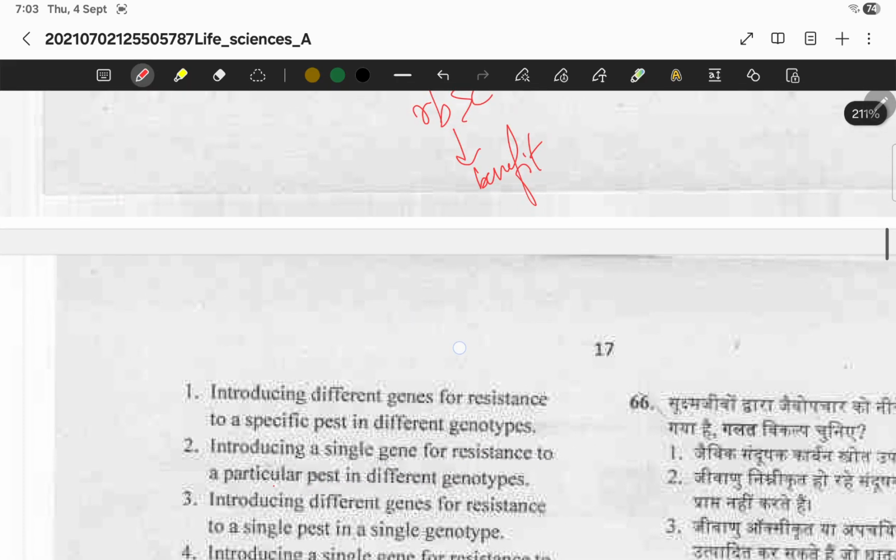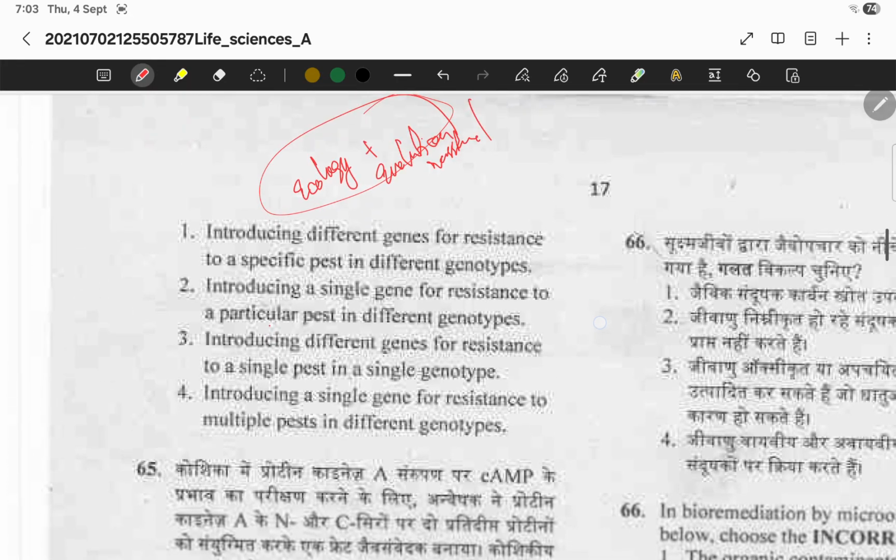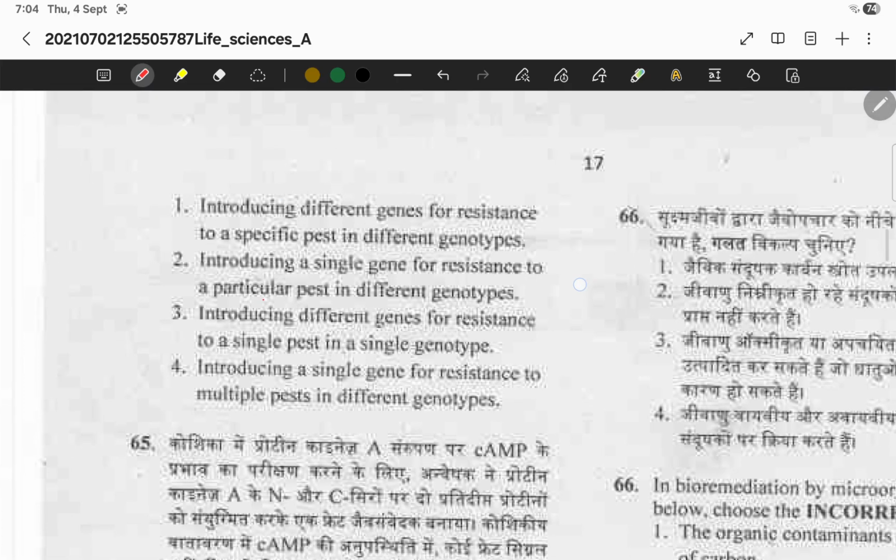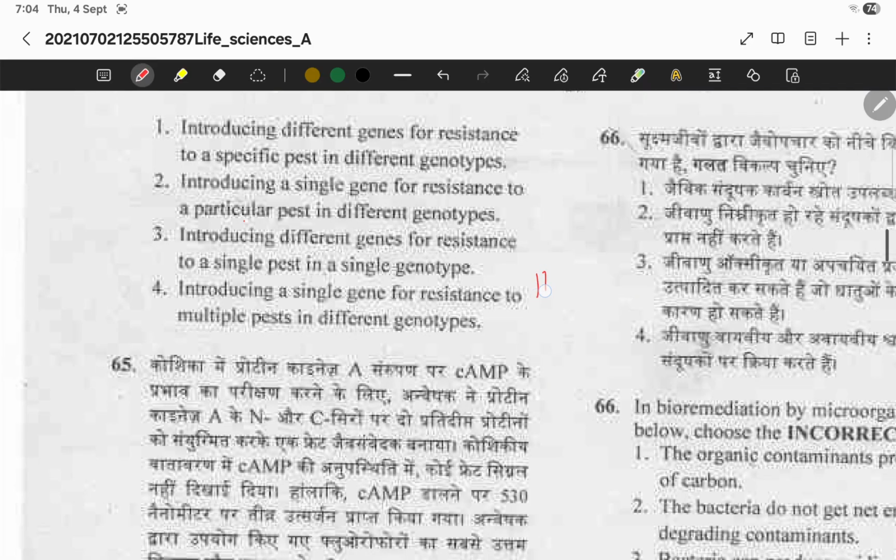What is this? Ecology and evolution mashed together. I don't know.